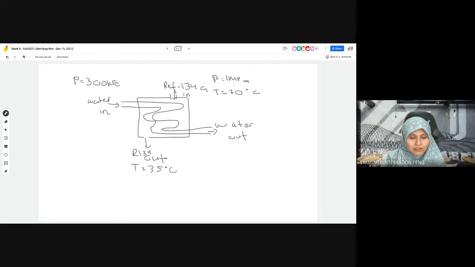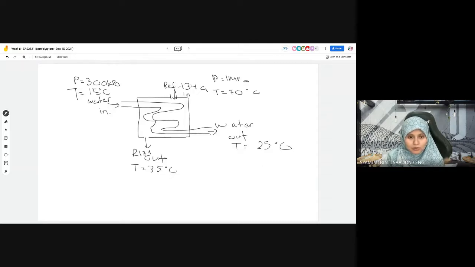When you get a question, tutorial, exam, etc., try to sketch and write down all the information given, so you can understand the problem clearly. T is 15 degrees Celsius and it leaves at 25 degrees Celsius. Pressure is the same, 300 kilopascal, at the outlet of the water.